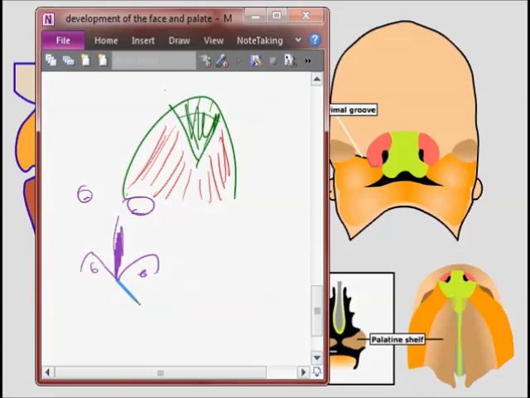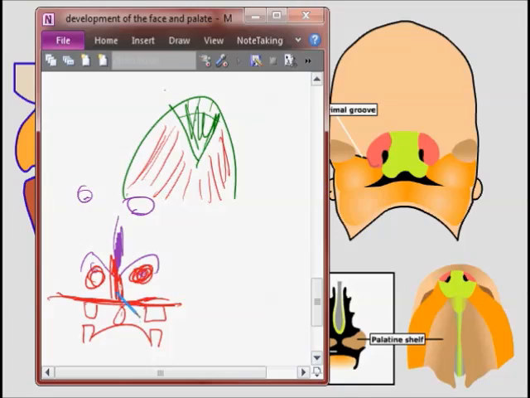But anyway, you have the palatine shelves coming in from the sides, and you have your tongue down here. The palatine shelves are going to fuse, this comes down, and bam, you have a fusion there. So now you have your teeth and your little punching bag thing, the uvula, in the back. So that fuses, this forms one nasal septum, and this forms the other one.